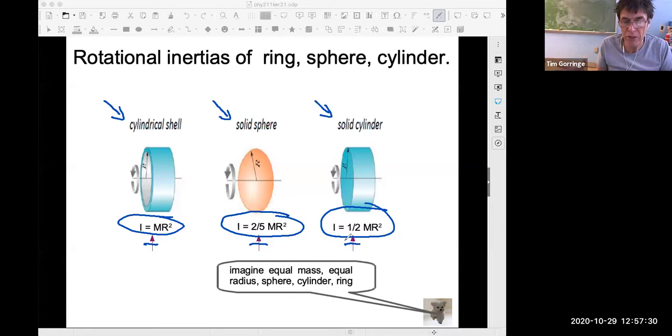Those numbers are just reflections of the shape. What distinguishes the same mass, same radius blueberry, cookie, and donut is their shapes: their ring shape, their solid cylinder shape, their solid sphere shape.